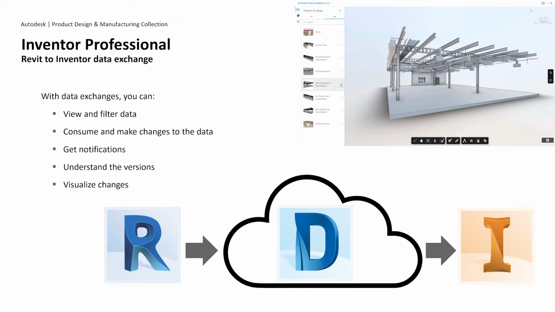Now the Revit users select the data they want to send and creates a data exchange that gets uploaded to Autodesk Docs. The Inventor user can then access the data exchange to load into their project. The Revit data will remain associative inside Inventor without emailing a new revision file if the Revit data gets updated.